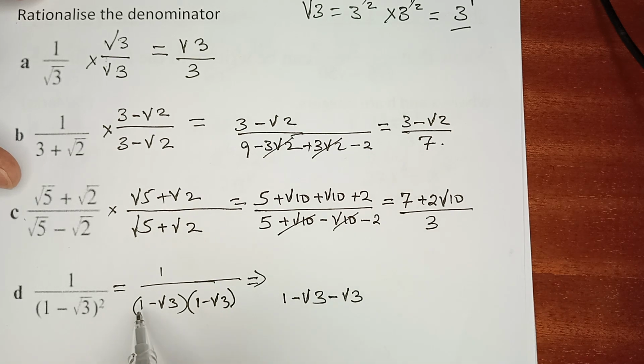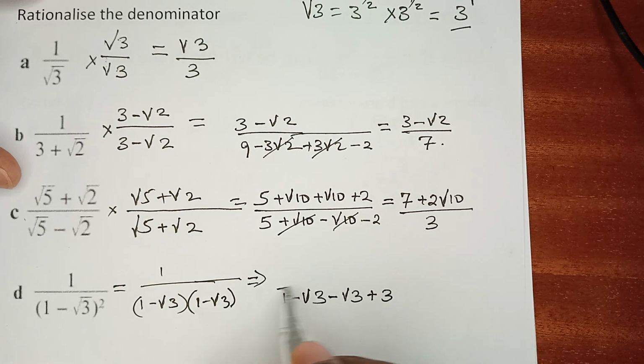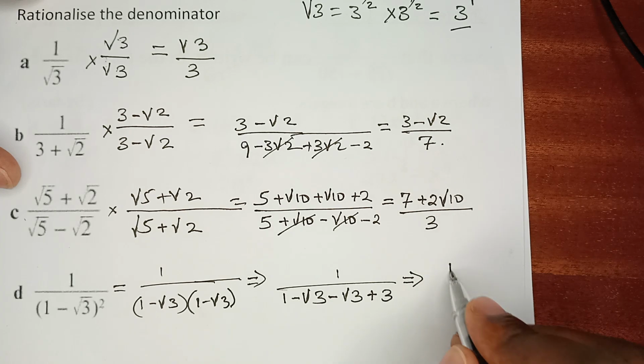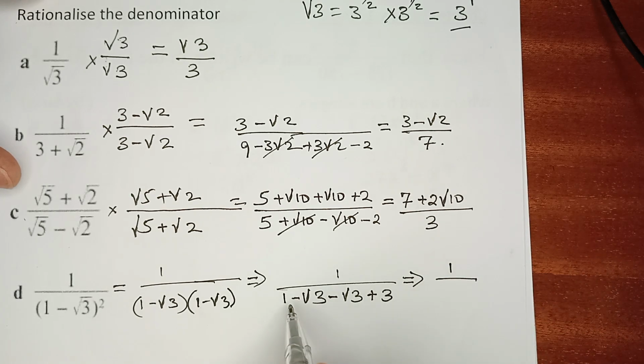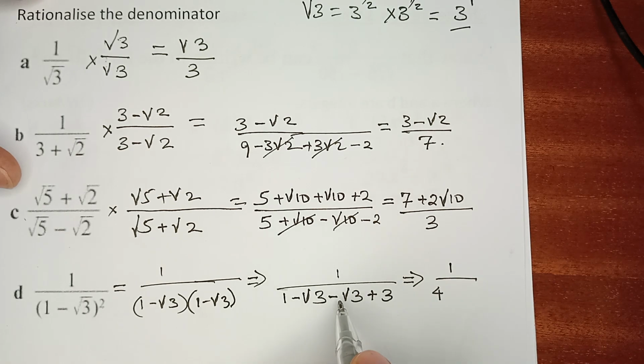This first one is as a result of 1 times minus root 3, and the second one is minus root 3 times 1, and minus root 3 times minus root 3 is obviously plus 3. That is the denominator. Simplifying the denominator, we have 1 plus 3 is 4, minus root 3 minus root 3 is minus 2 root 3. And that is now the term that we have.